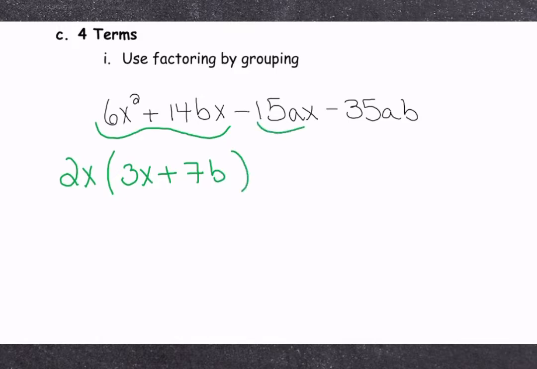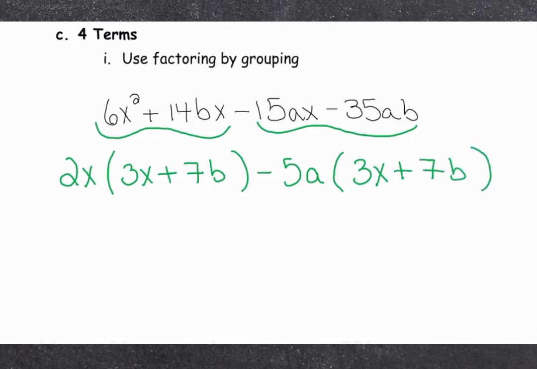And then last 2 terms, you're left with, let's see, a GCF among the last 2, a 5. But we're going to say -5 because they both are negative and we're trying to get positive. So -5a, and you're left with 3x plus 7b.